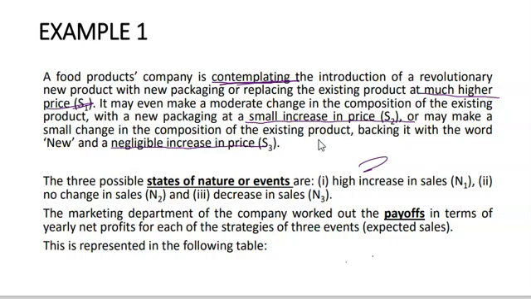Then what do I need to do before I make a decision, knowing well that your decision has a consequence, knowing also that there are some things that you cannot control, yet you still need to make your decision? X1 is the first decision alternative, that means to charge a much higher price. Another decision alternative is to have a small increase in price. The third one is to have a negligible increase in price.